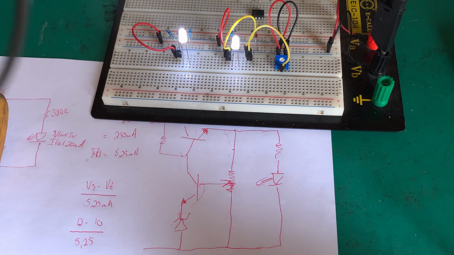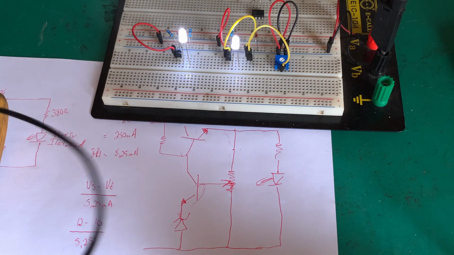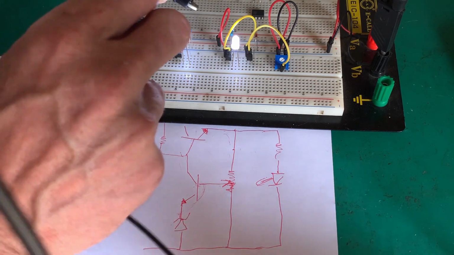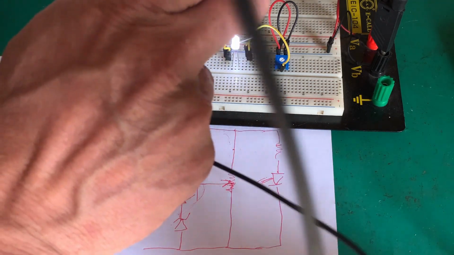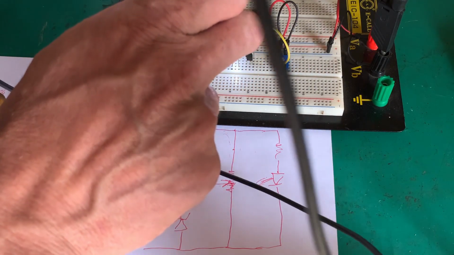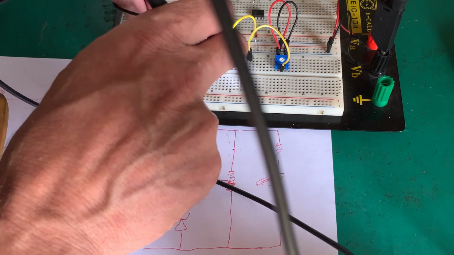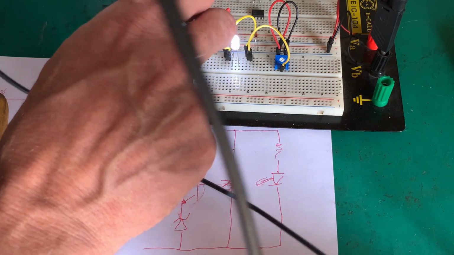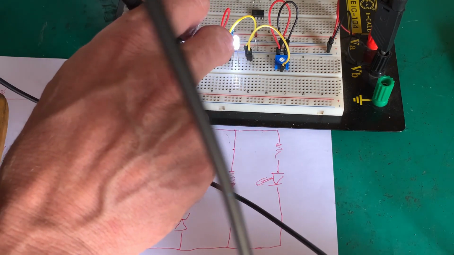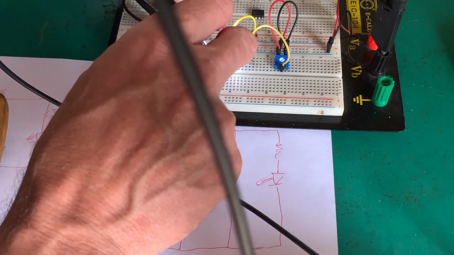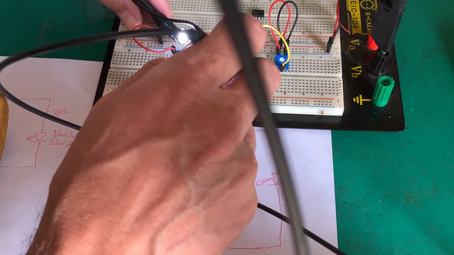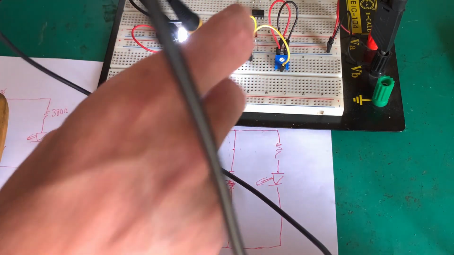Let's just put this on the negative rail. We'll just go with that. Zener over there. And we want the output over there.